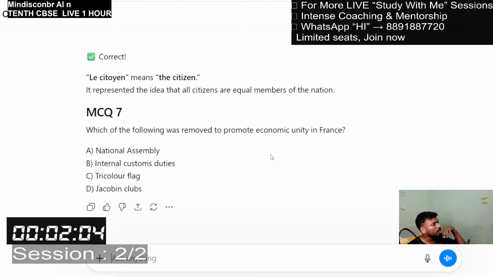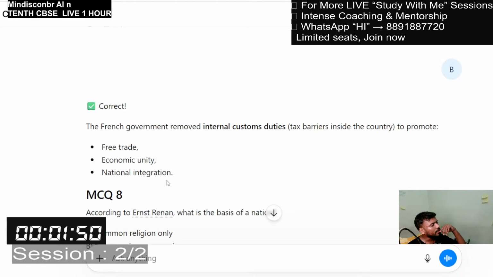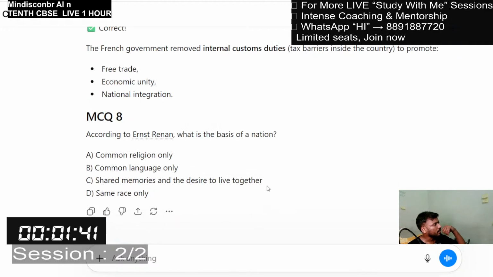Which of the following was removed to promote economic unity in France? Internal custom duties. The French government removed internal custom duties or tax barriers inside the country to promote free trade, economic unity, and national integration.